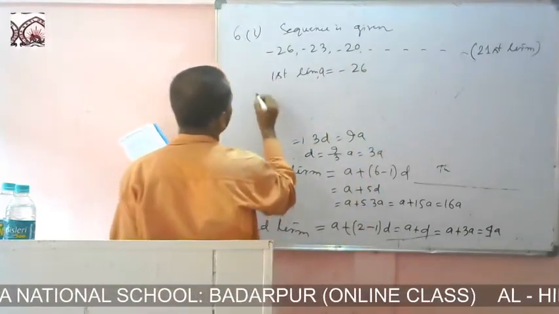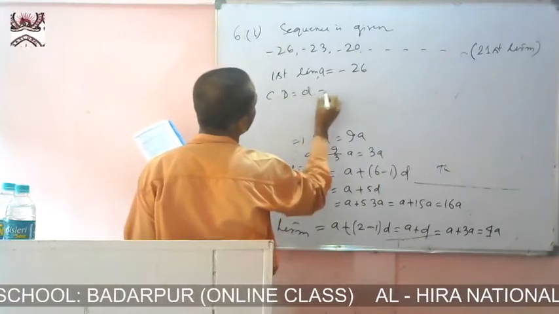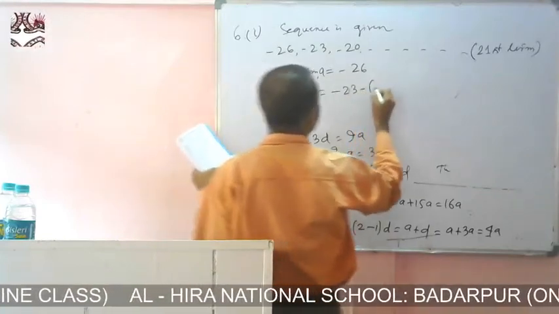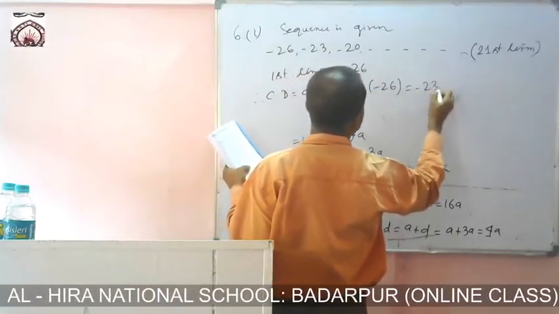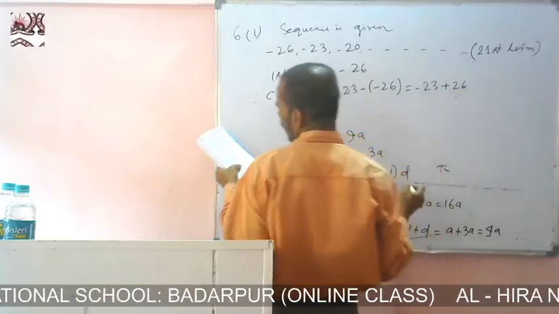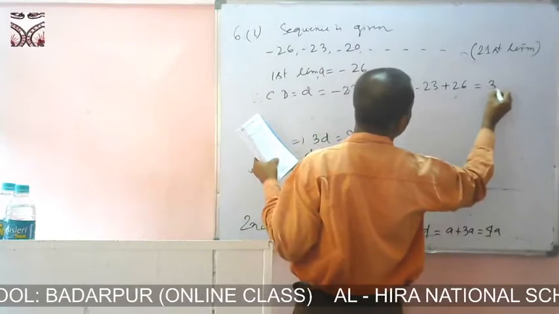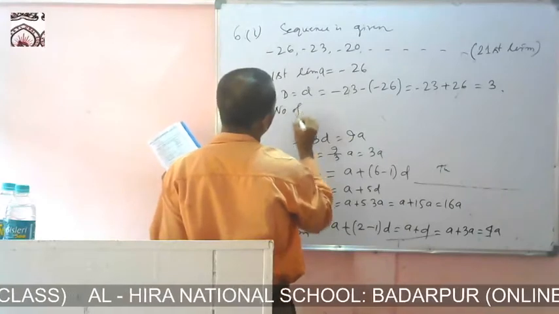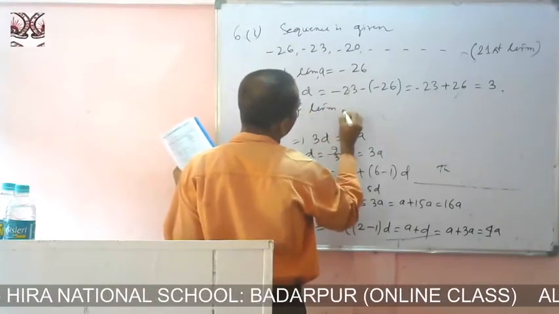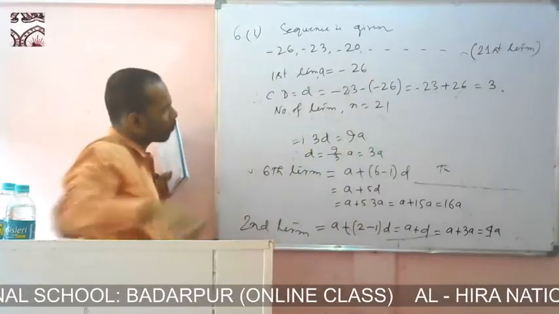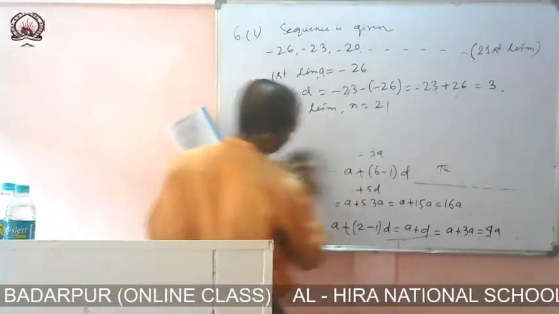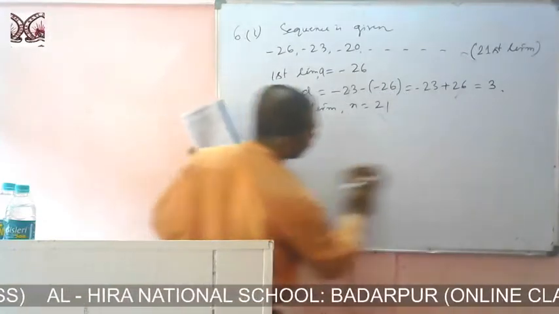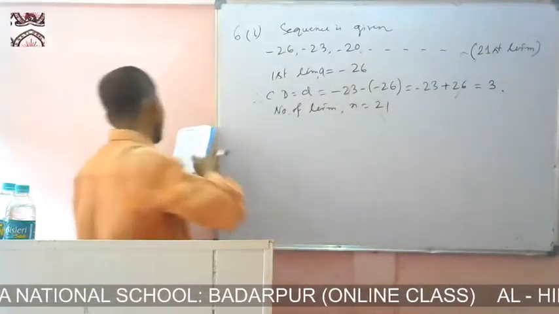Then the common difference D will be minus 23 minus of minus 26, which is minus 23 plus 26, and it is 3. The number of terms is the 21st term, so n is equal to 21.